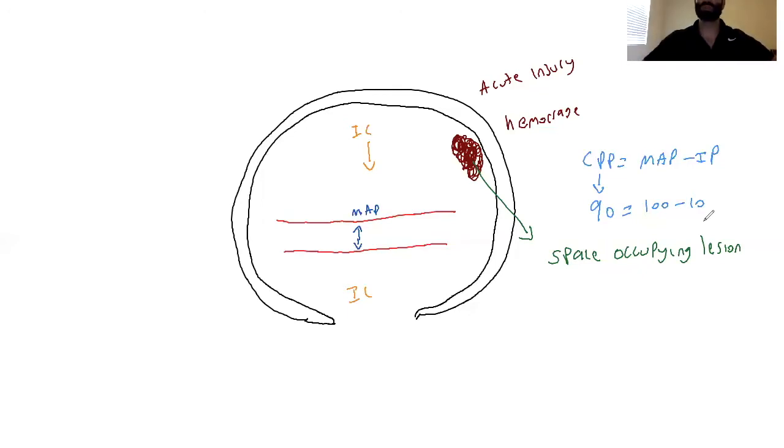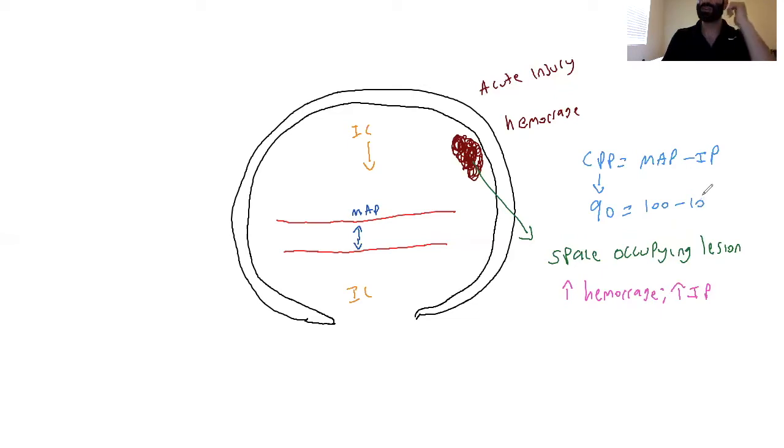If you force more things in the same size container, then you are going to increase pressure. And the problem is that as this space occupying lesion grows because of increased hemorrhaging, you are going to have increased intracranial pressure. So the larger the hemorrhage, the greater the increase of intracranial pressure.